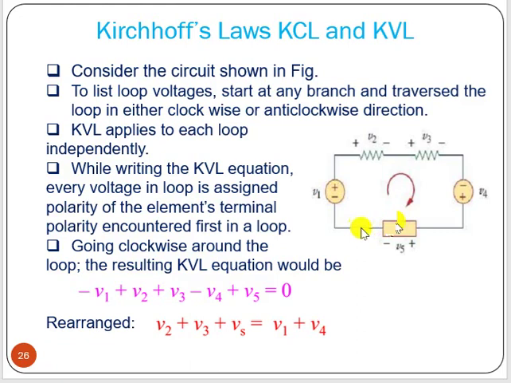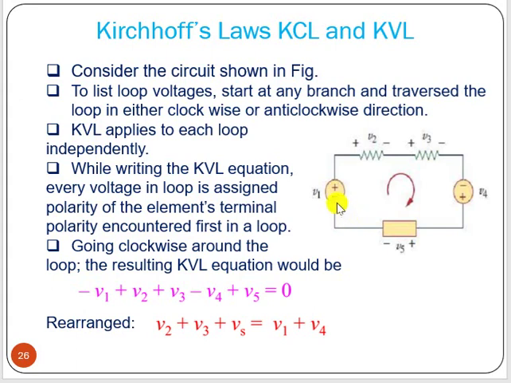Now we can do it the opposite way also. Going from minus to plus, the voltage is rising, so plus. So we write V1. Then plus to minus, so voltage drop, V1 minus V2. Again plus to minus, voltage drop, minus V3. Then minus to plus, so again plus: V1 minus V2 minus V3 plus V4, and again plus to minus, so a drop.